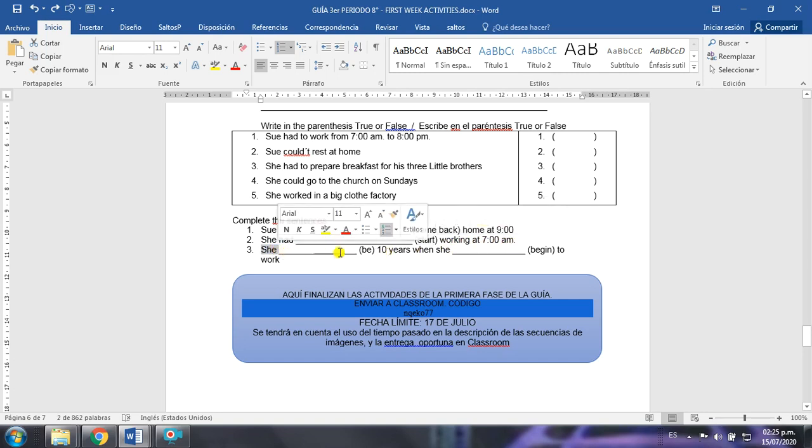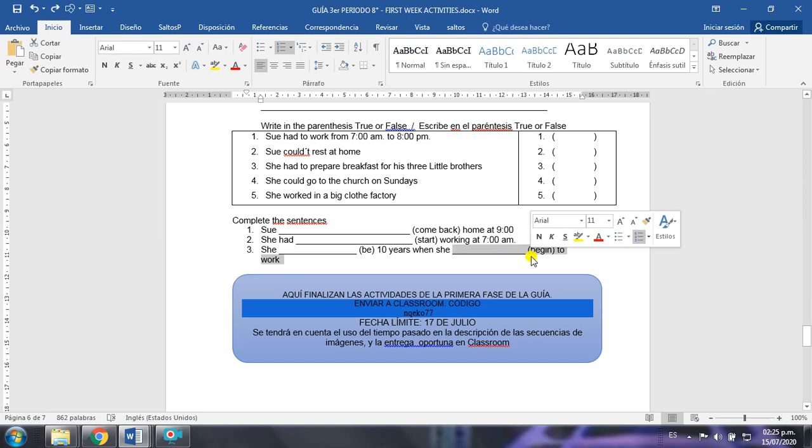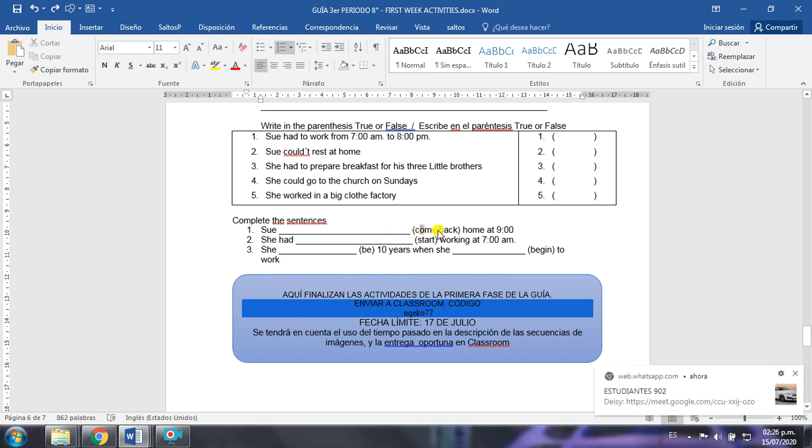She 10 years when she to work. ¿Ok? Recuerden, deben completar aquí en la línea empleando el verbo en tiempo pasado. Los verbos están en el paréntesis.